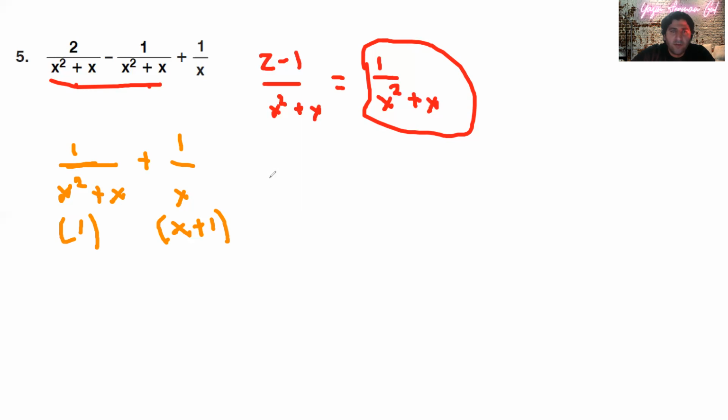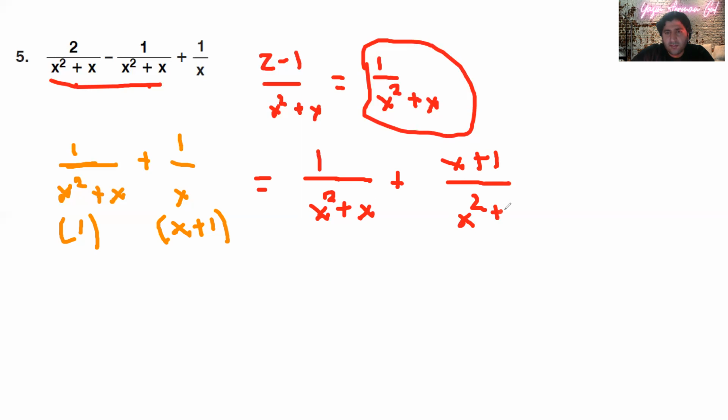Then if I do that, okay, let's do it. This is going to be 1 over x squared plus x, plus 1 times x plus 1, which will be x plus 1, over, again, x squared plus x.